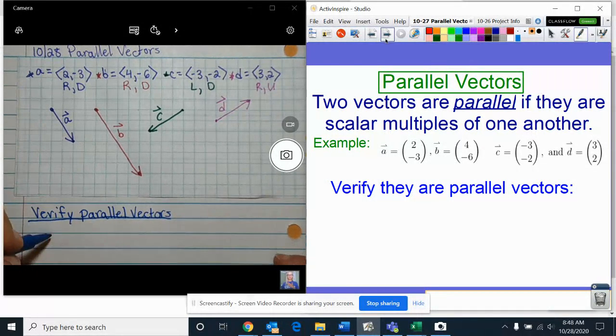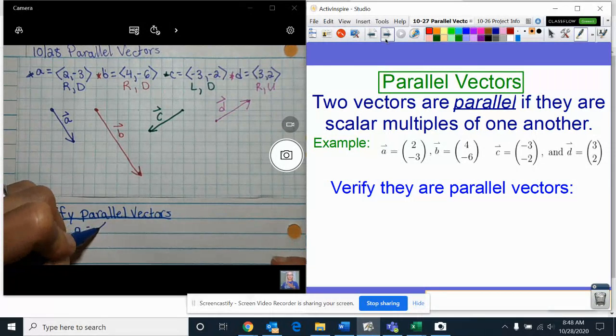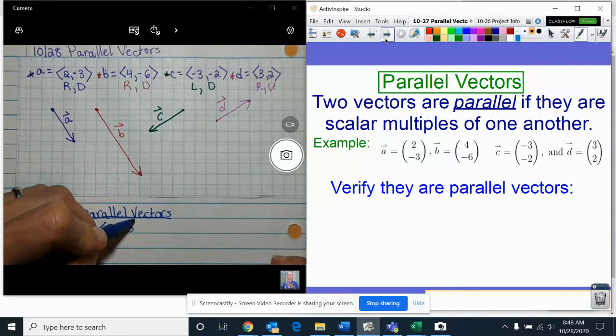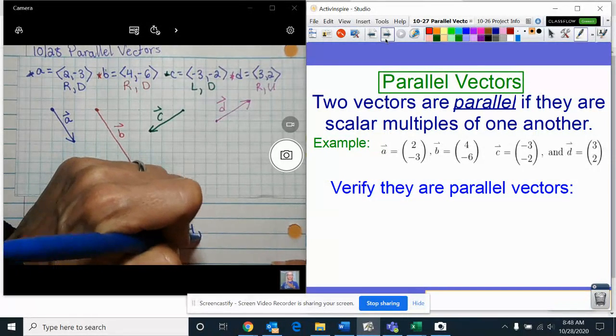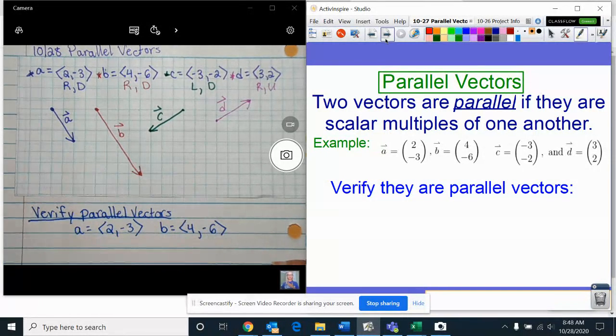So vector A, which was 2, -3, and vector B was 4, -6.